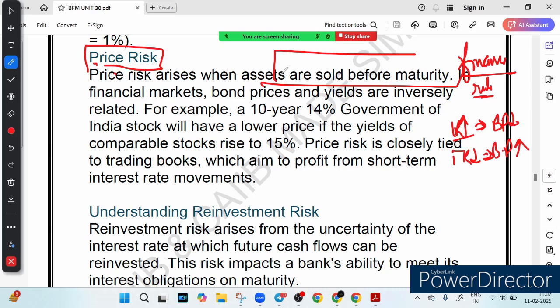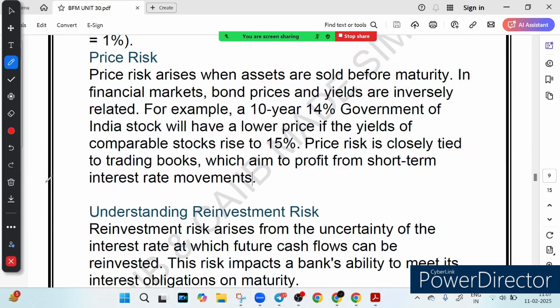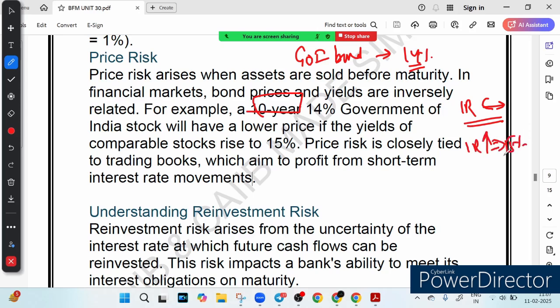Let me give you an example. Imagine a 10-year government of India bond that pays 14% interest per year. Now suppose the interest rate in the market stays the same, the bond price will remain stable. But suppose interest rate rises to 15%, right, what will happen?